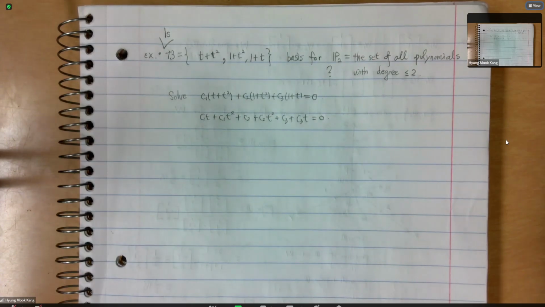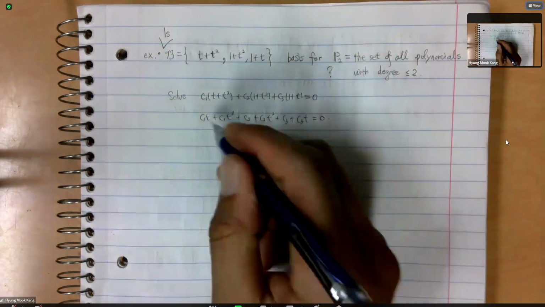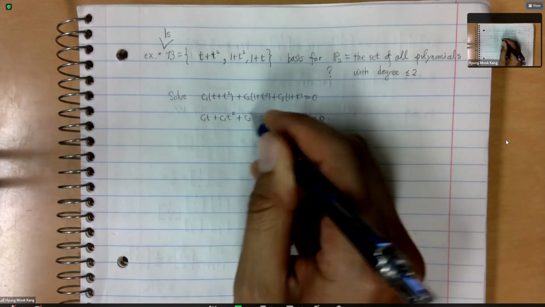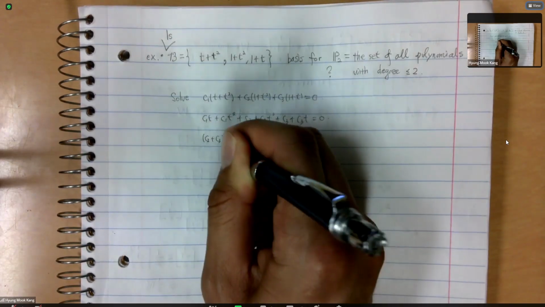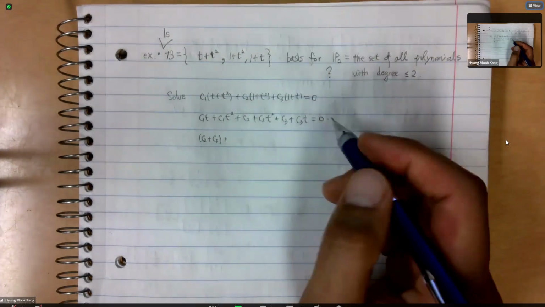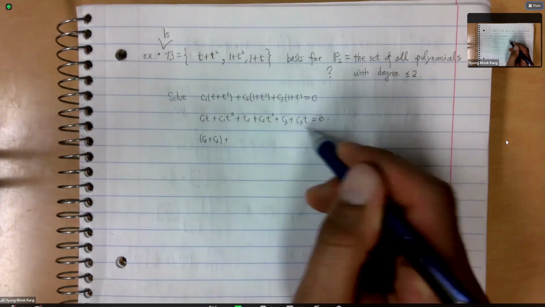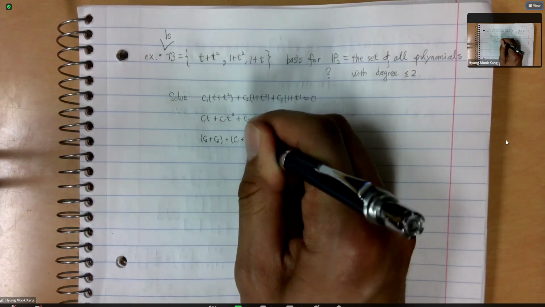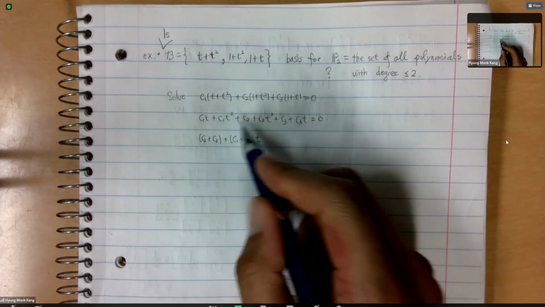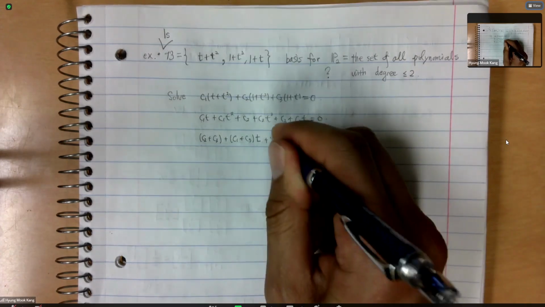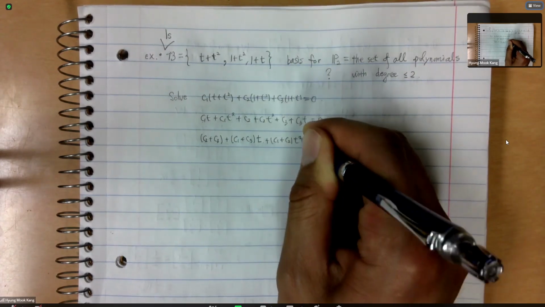We match the coefficients. The constant term is C2 plus C3. The t term is C1 plus C3 times t. And the t squared term is C1 plus C2 times t squared, equals 0.